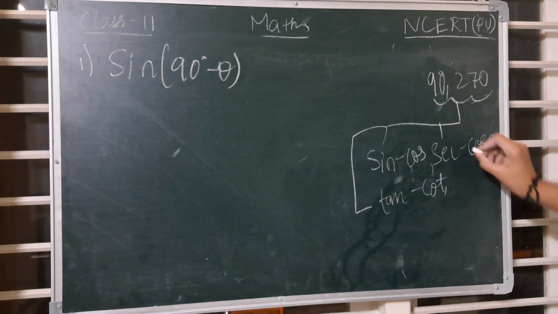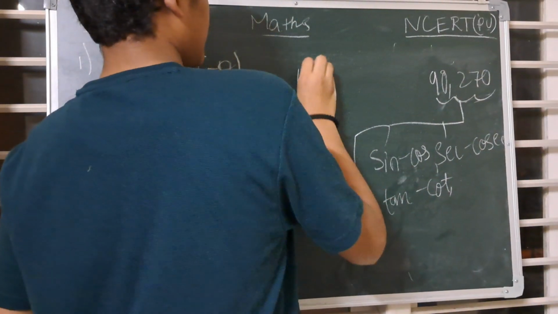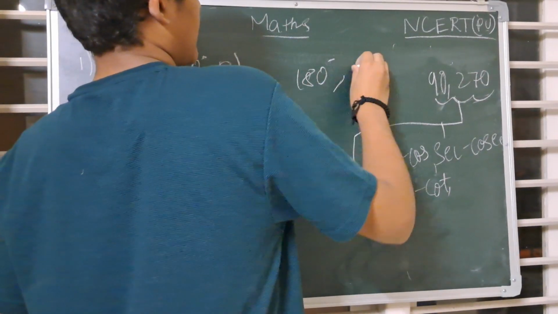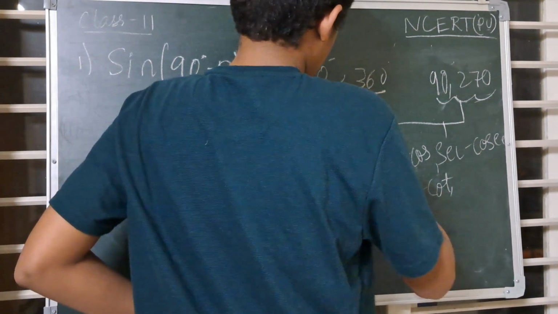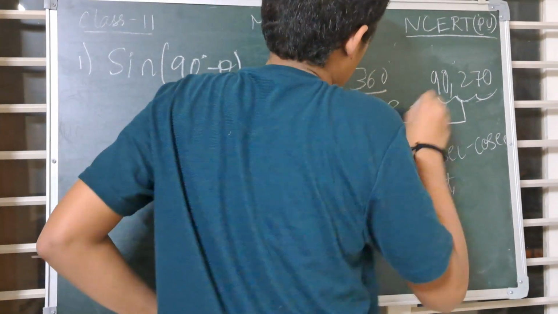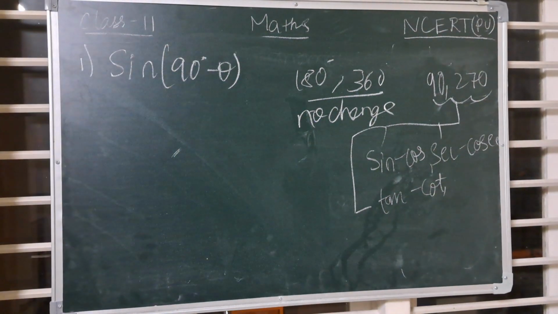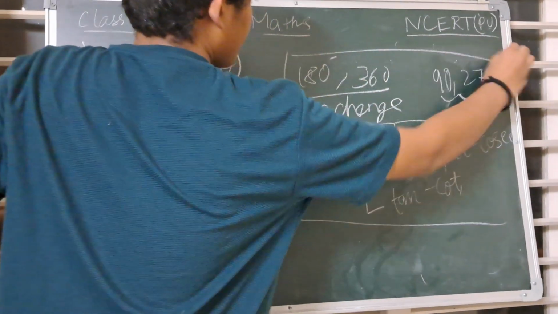You should remember these things clearly. And in 180 degree and 360 degree, there will be no change in the trigonometric ratio. This is a very important point.